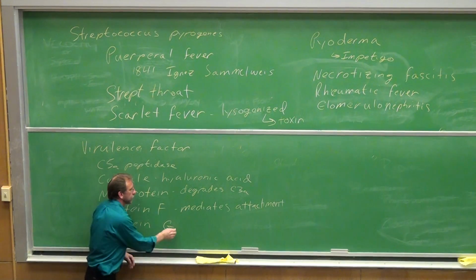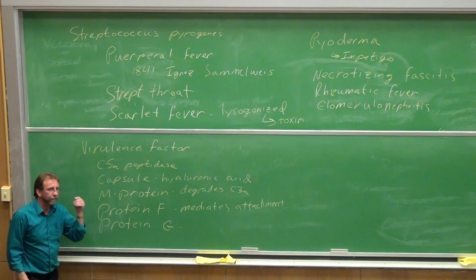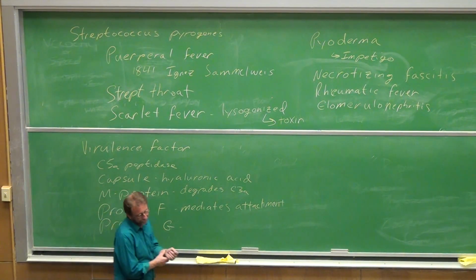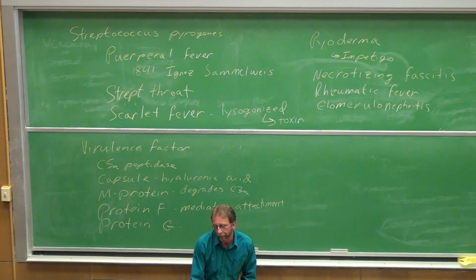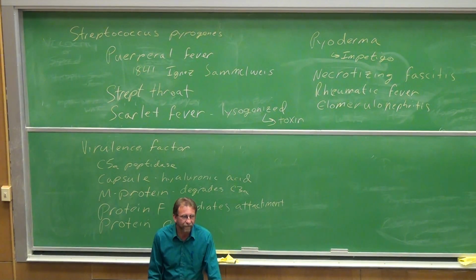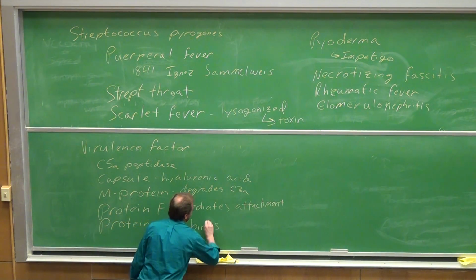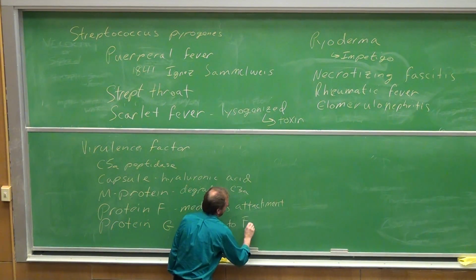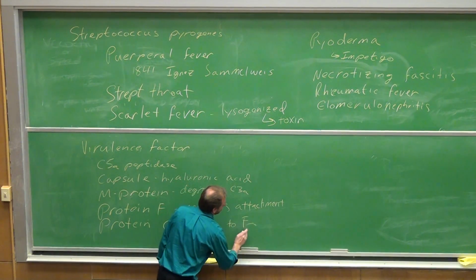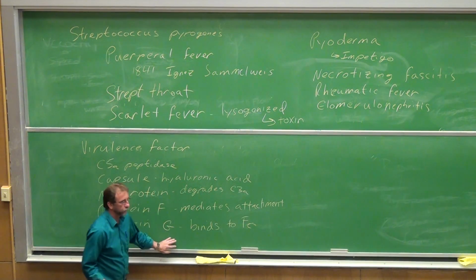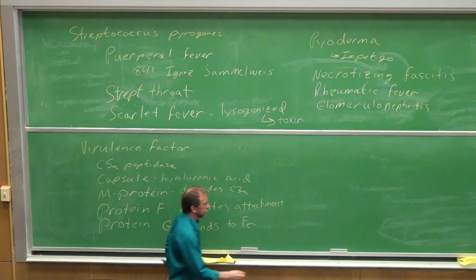Protein G. This is a molecule, again found on the surface of the cell, that binds to antibodies, but it binds to the Fc region. So you understand the significance of that now?